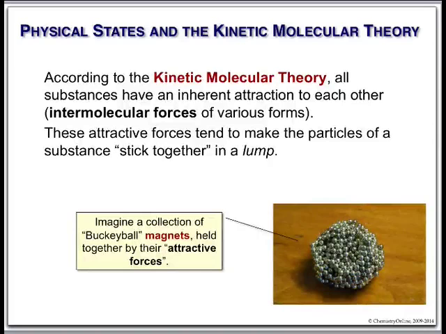Just like these things shape up into a little ball because they have a magnetic force holding them together. All right, think of this as a solid. It's just sitting there as this little ball with its own shape, its own size, and its own volume. Now, kinetic molecular theory also tells us that nothing in nature is ever still.